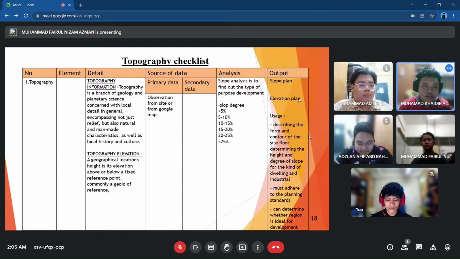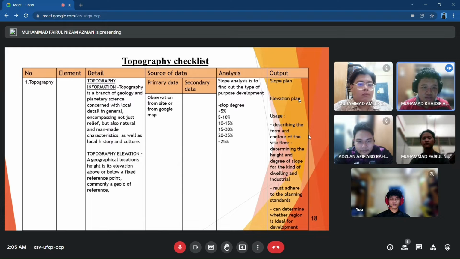Topography checklist. Number one is topography. For detailed topography information, topography is a branch of geology and planetary science concerned with local detail in general, encompassing not just relief but also natural and man-made characteristics, as well as local history and culture.